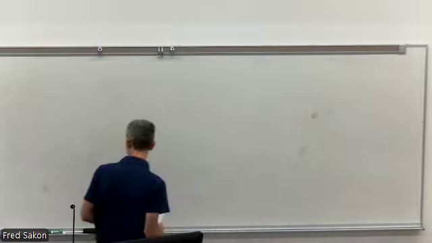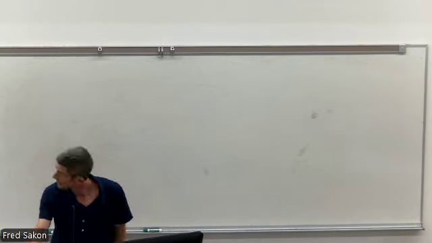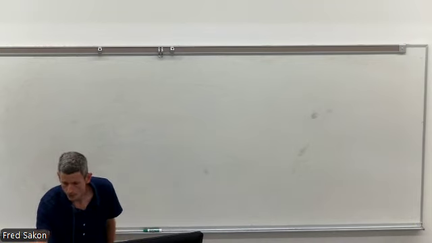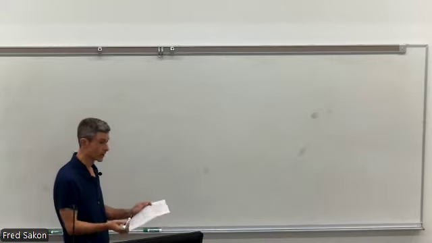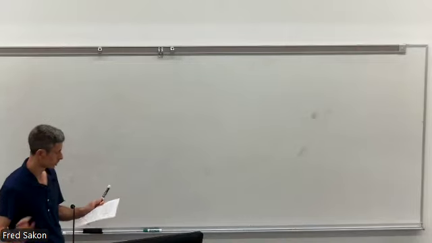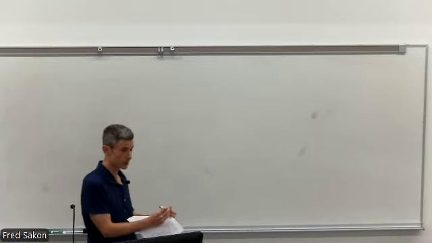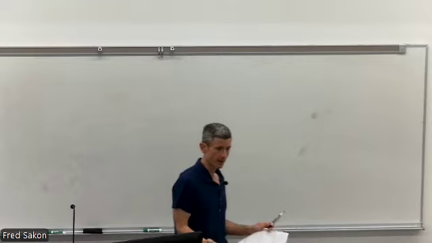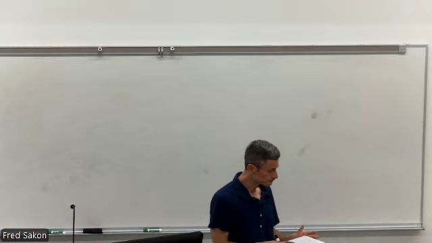Good. So Module 5 is all about variable expressions. What we're building to is the ability to solve equations, work with functions, and graph functions, things that we'll see in college algebra in the fall.